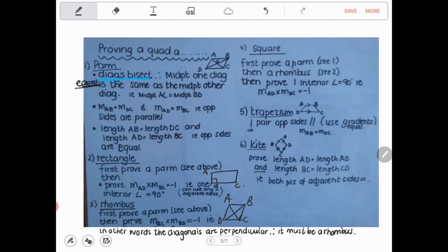And then with a rhombus, again, you'd first prove it was a parallelogram, and then you would show me that when you took the two diagonals, AC and BD, the product of the gradients is -1. In other words, the diagonals are perpendicular, so it must be a rhombus. Okay, so you need to go through these so that you know how to prove that a shape is a parallelogram, a rectangle, a rhombus, a square, trapezium, or a kite.